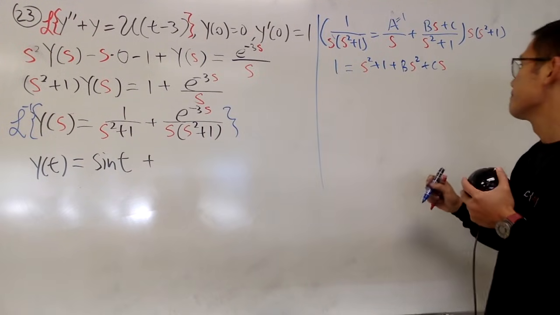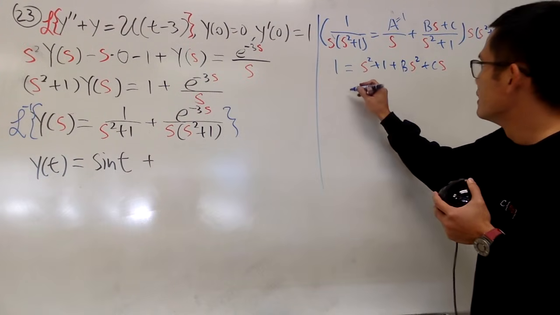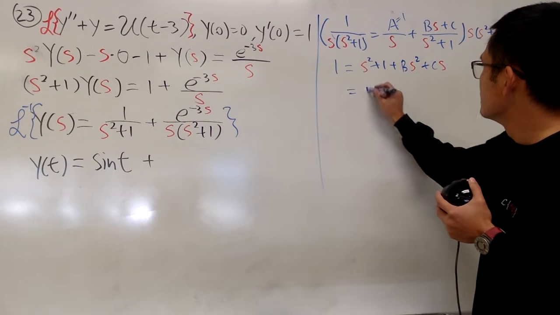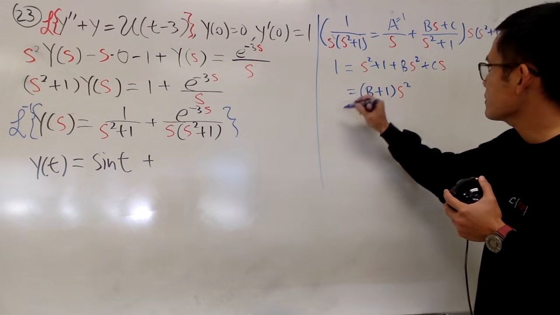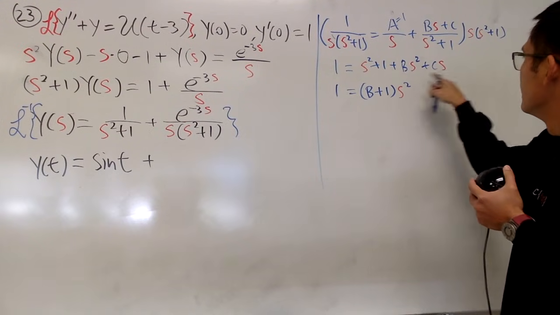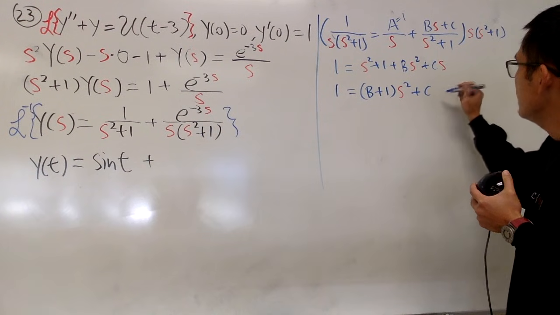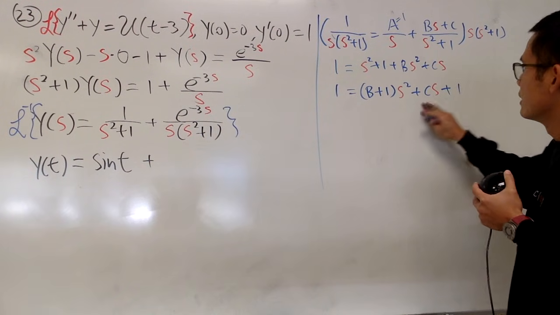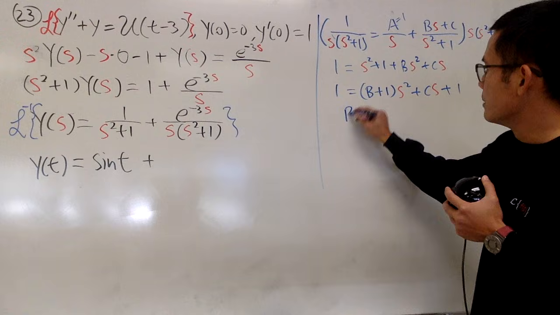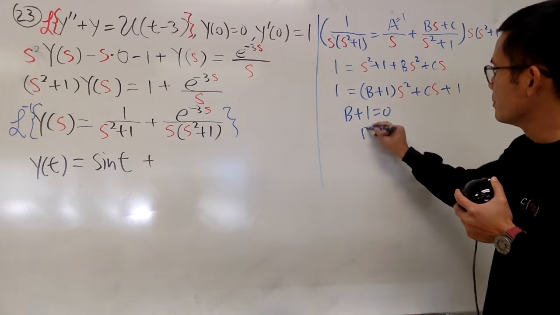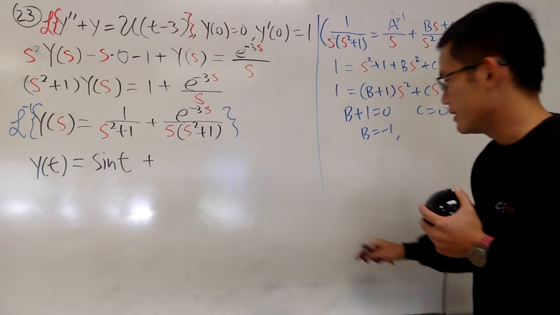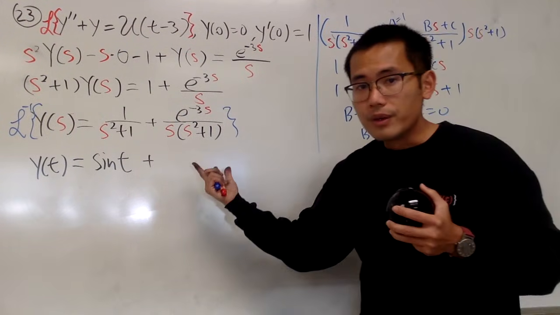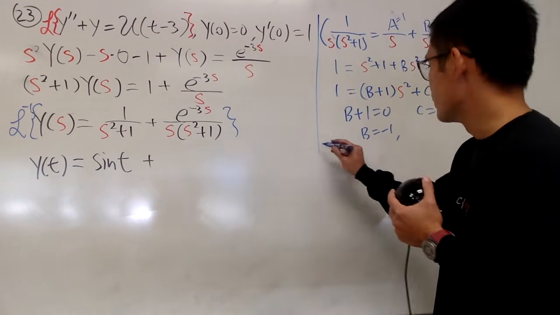Just algebra. This is b plus 1 times s squared, plus cs, and then plus 1. One match already, so b plus 1 has to be 0, b is equal to negative 1, and c has to be 0. So that's the idea.